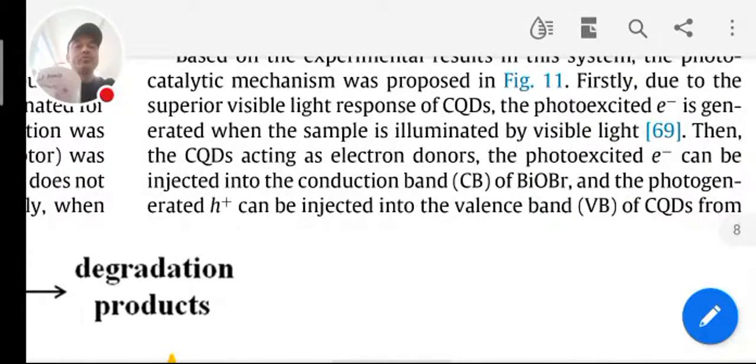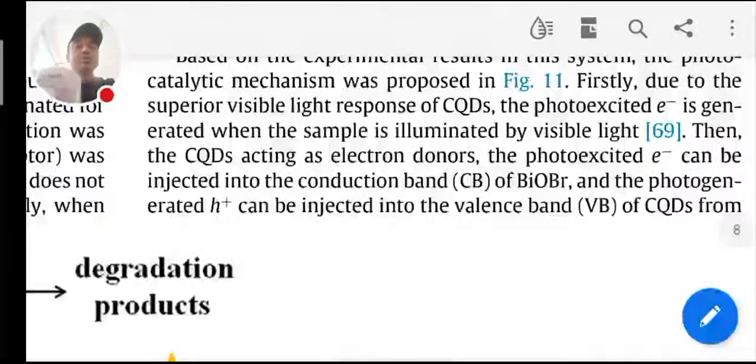The carbon quantum dots act as electron donors, and the photoexcited electrons can be injected into the conduction band of BiOBr, and the photogenerated H plus can be injected to the valence band of carbon quantum dots.